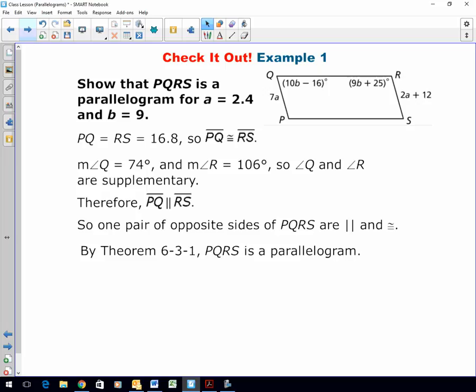If one pair of sides is congruent and parallel, I've got a parallelogram. So I can prove that. Mr. King asked earlier, I can't figure out the slope. But remember, now we can use these angles to prove if they're supplementary, then they're parallel. So that's kind of cool for geometry notation. All right.